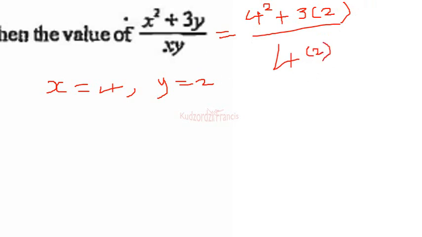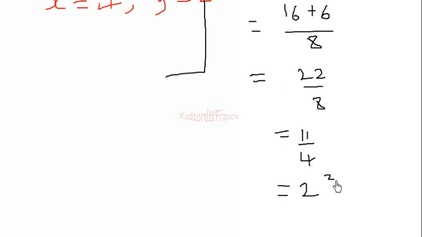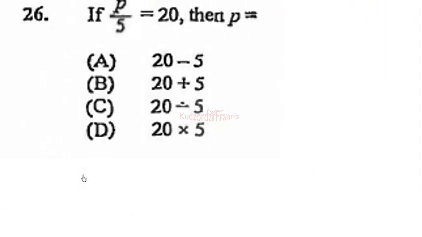Now let's evaluate. 4 squared is equal to 16, then plus 6 all over 8. Now this will be equal to 22 over 8, and we will reduce to get 11 over 4, which is the same as 2 whole number 3 over 4. So this is the correct choice.